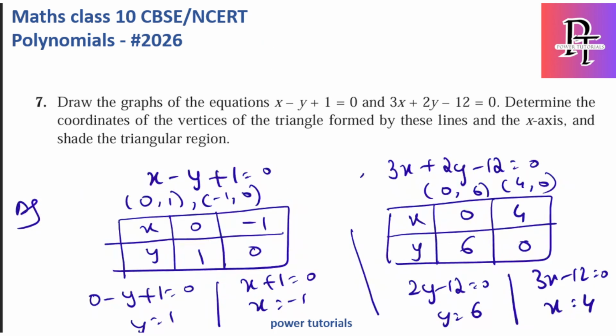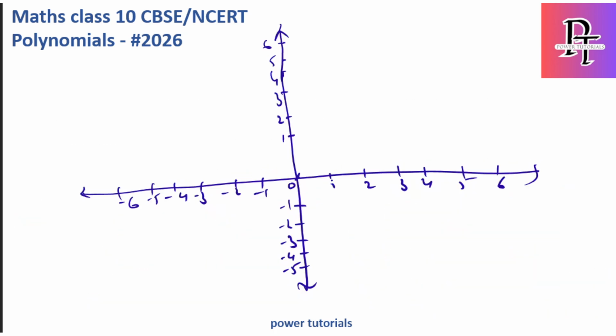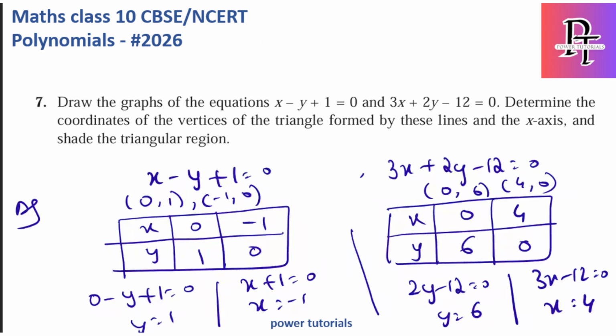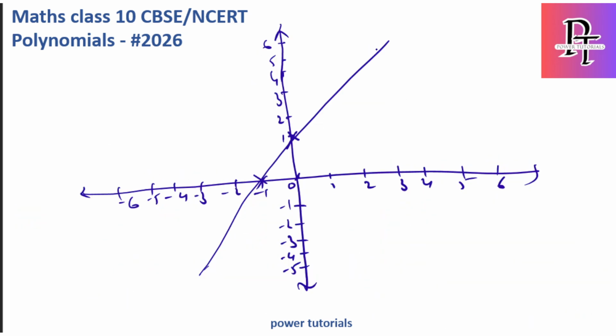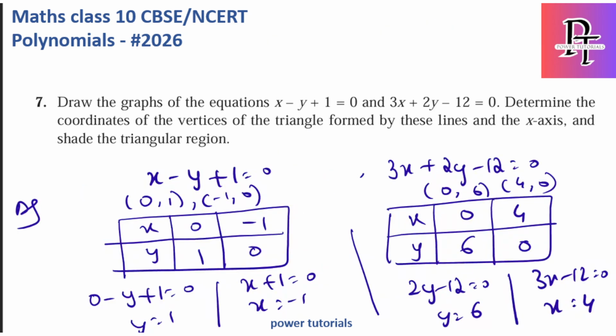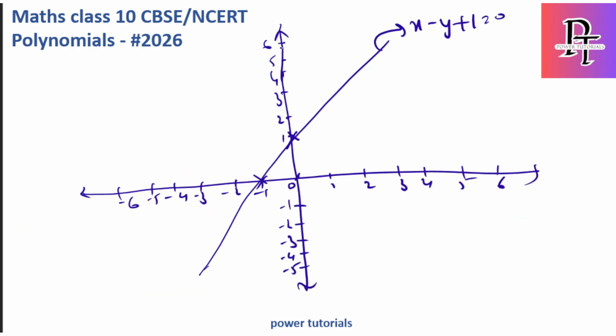The points for the first equation: 0, 1 is here, minus 1, 0 is here. So the first equation will be like this, which is x minus y plus 1 equal to 0. Second equation: 0, 6 is here, 4, 0 is here.